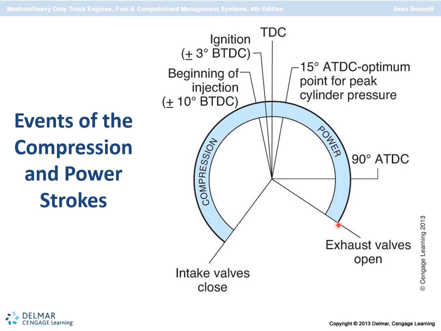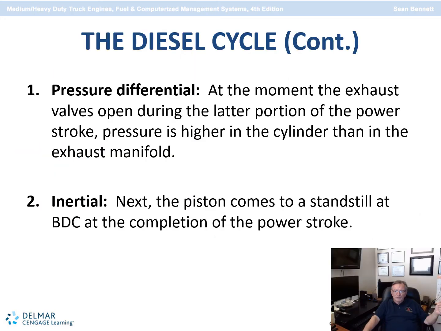And down here you see that the exhaust valve starts to open and allows the burnt air to go out into the exhaust manifold. The pressure differential is what allows the exhaust to work, because on the exhaust stroke the cylinder pressure is greater than the exhaust manifold, so the exhaust gases travel to the exhaust manifold. Inertia: the piston comes to a standstill at bottom dead center at completion of the power stroke.